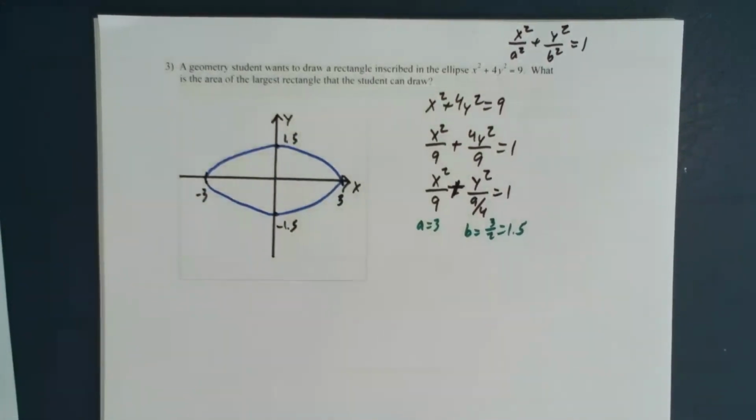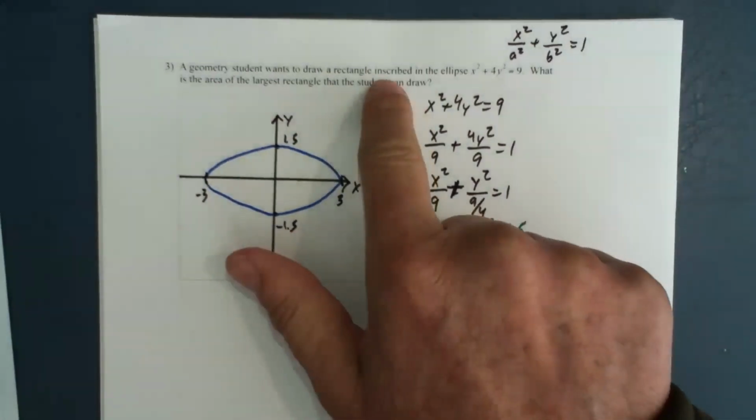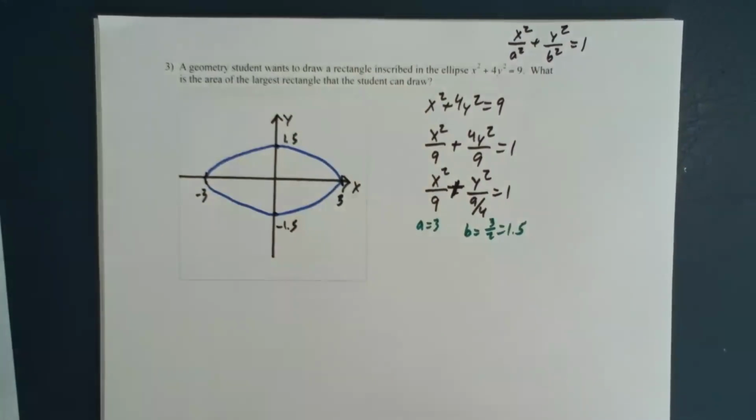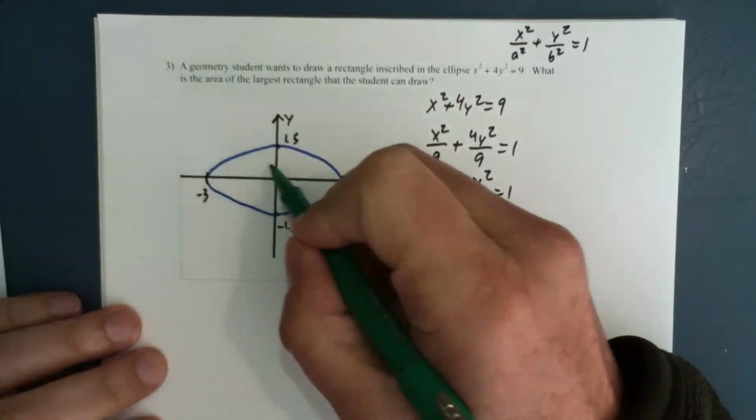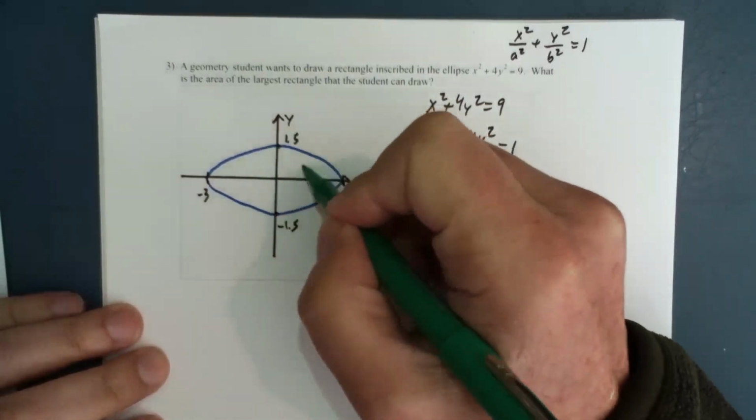So there's our ellipse. And what we're trying to do is inscribe a rectangle inside of this. And there's lots of rectangles that can be drawn. We can have a little tiny one over here. We can have a really broad one like this.